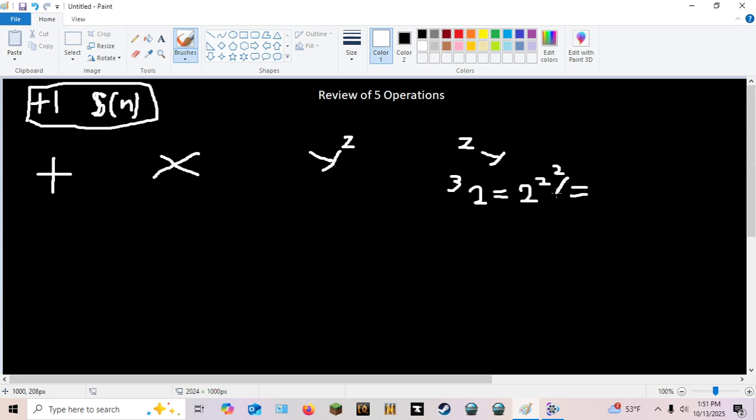We're gonna evaluate this way. 2 raised to 2 squared is 4. And then 2 raised to the 4th power equals 16.